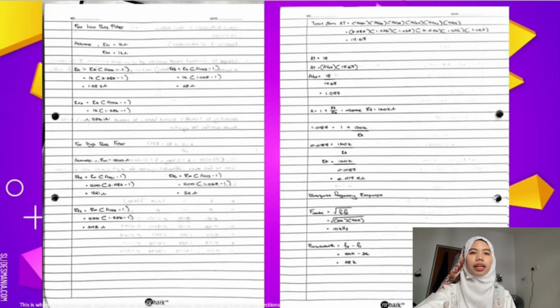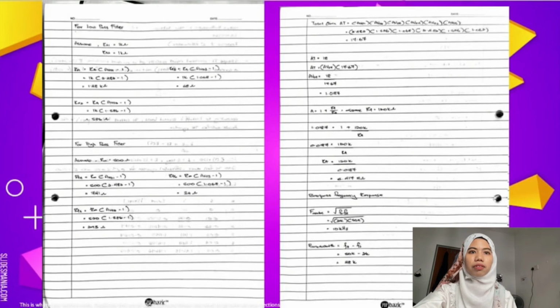And last, to find the value of RA, we use the formula gain equal to 1 plus RF divided by RA, and we get RA is 6.417 milliohm.